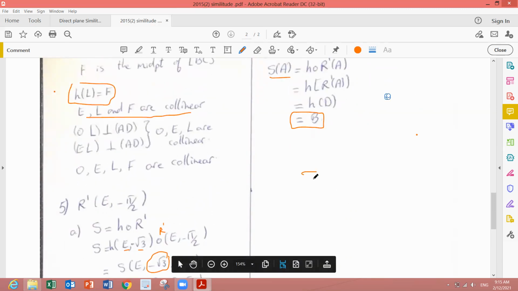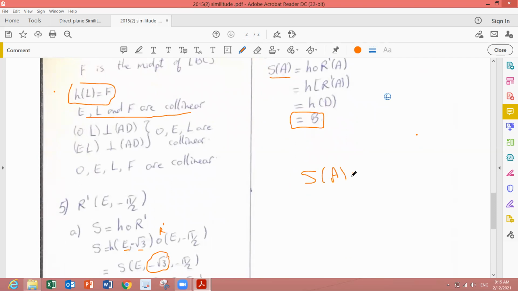That S of A equals B. I have to prove that EB equals radical 3 EA, and that angle EAEB equals 90. EAEB must be 90, right?